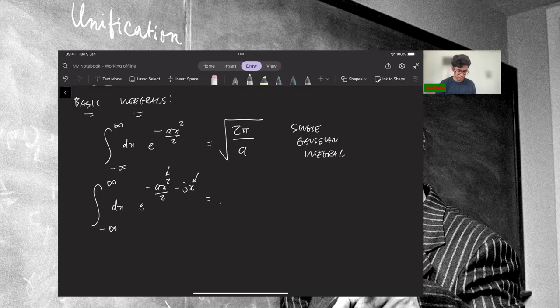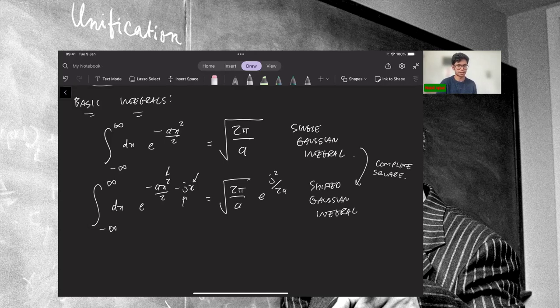And this turns out to be the square root of 2 pi over a times e to the j squared over 2a. Okay. So this j multiplies x linearly, and it turns out you get a j squared here divided by 2a. Okay. So this is a shifted Gaussian integral. And if you do not know how to do this, it is a good exercise to just go from here to here. You can do this by completing the square in the exponent.